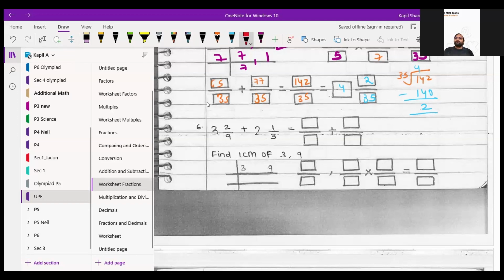So the first fraction is 27, oh, 29 upon 9. Okay. The second one is 7 upon 3. Now we need to find the LCM of 3 and 9, which is, of course, 9.